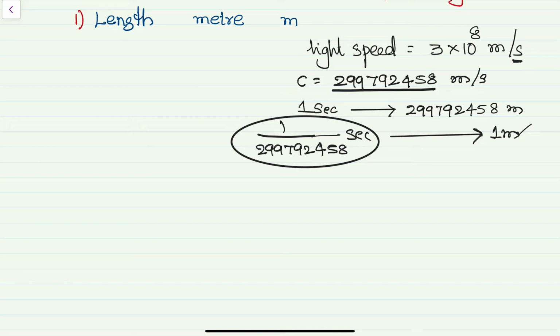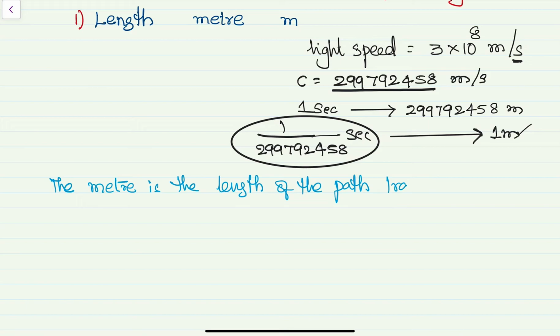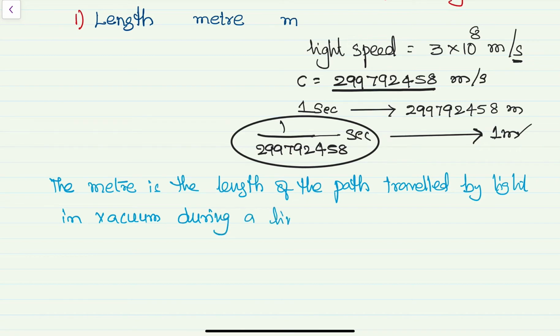The meter is the length of the path traveled by light in vacuum during a time interval.